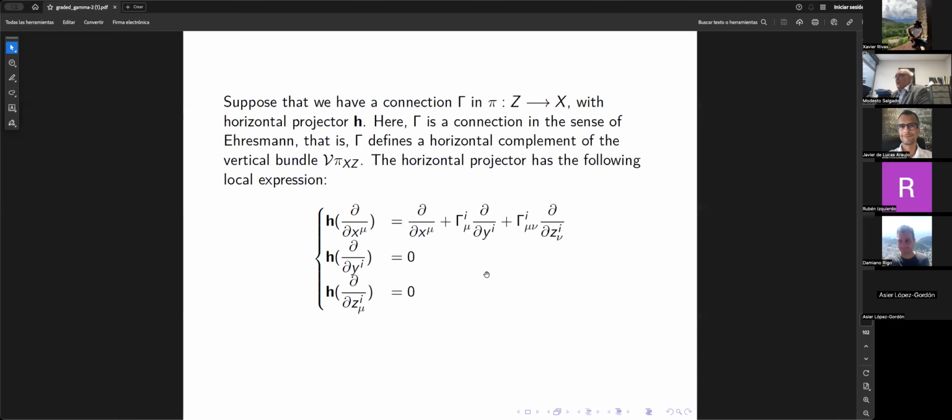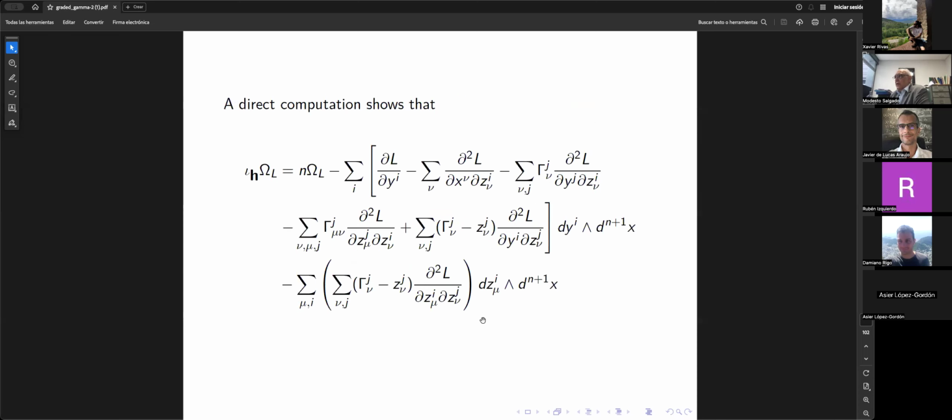And there are two ways to obtain the field equations. One is just to consider an Ehresmann connection in the fibration zeta over X. And so this H is the horizontal projection, and these are the vertical local vector fields generating the vertical subbundle, and this is the expression of H with some Christoffel symbols gamma^i_mu and gamma^i_{mu nu}.